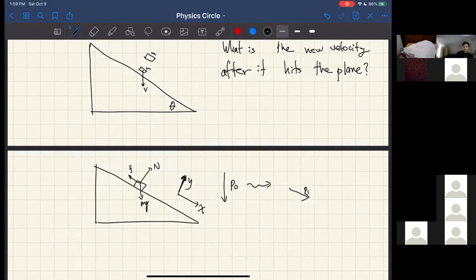So n equals mg cos theta is not correct, and you'll see why. Let's say that a process happens over time delta t.